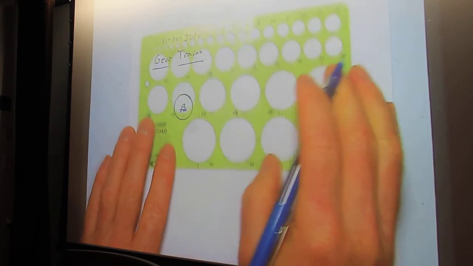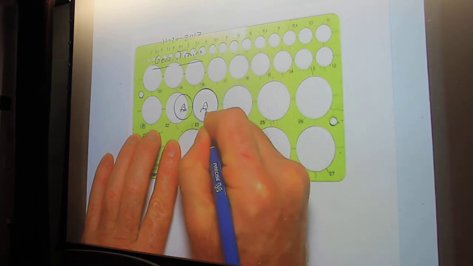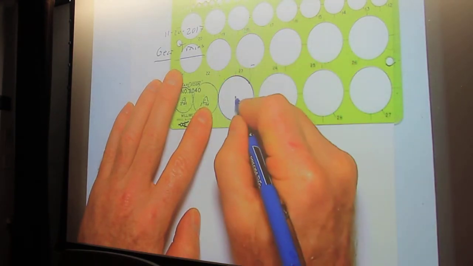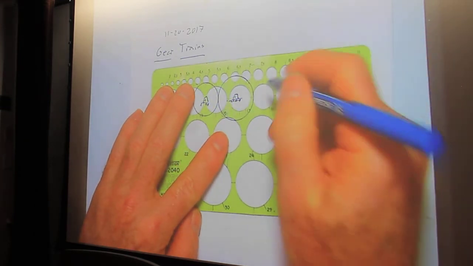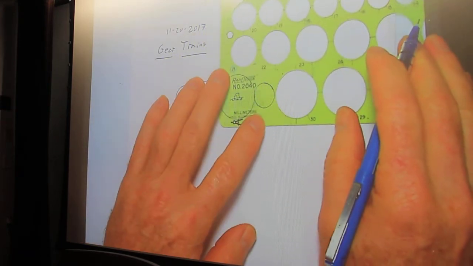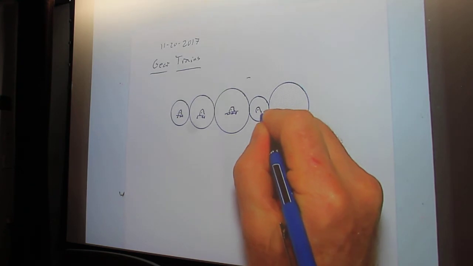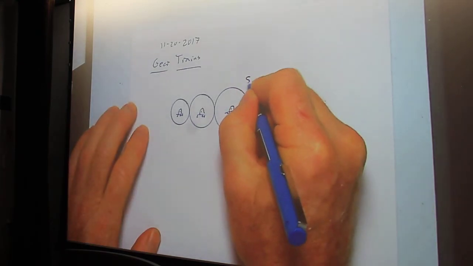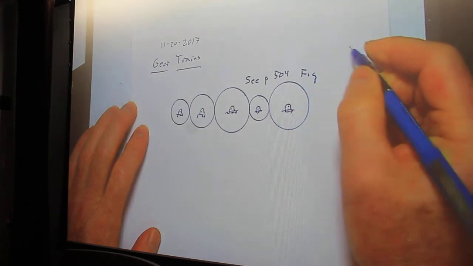So let me go ahead and draw the gear train. You may want to see page 504, figure 9.28.